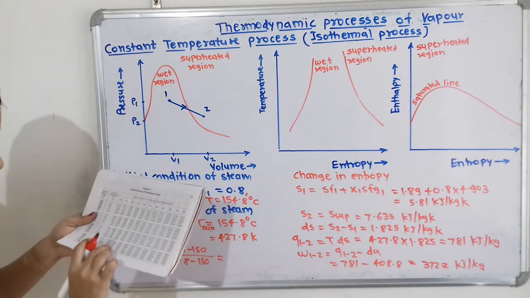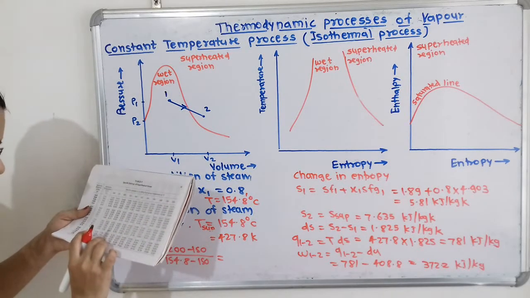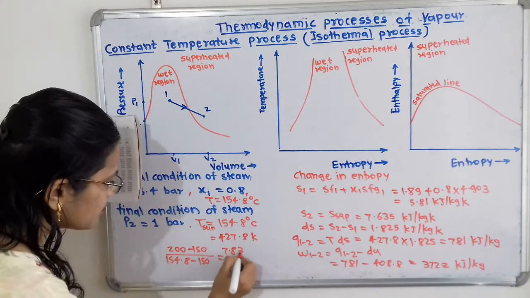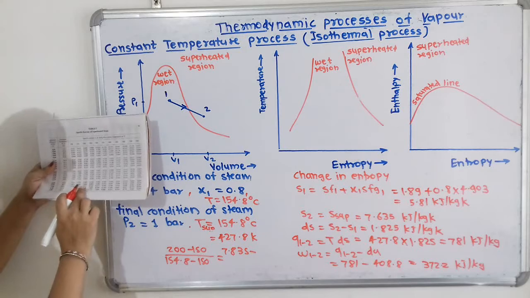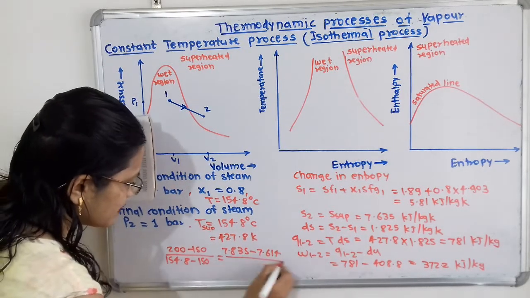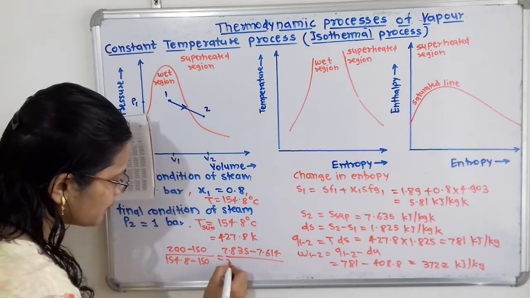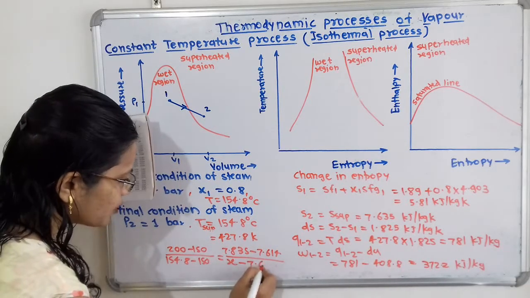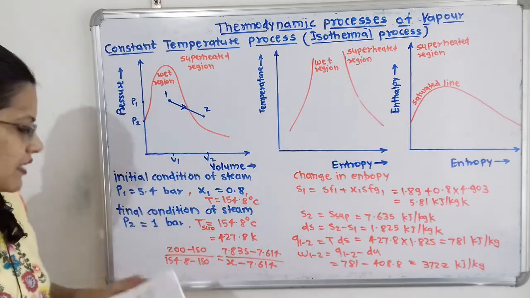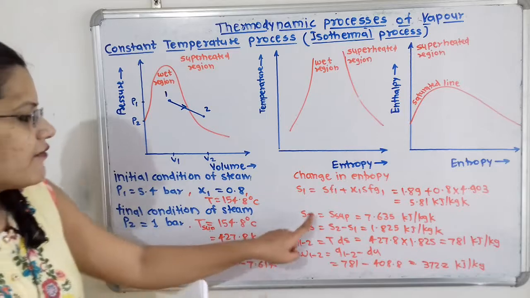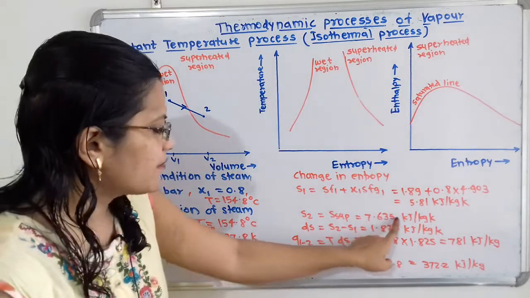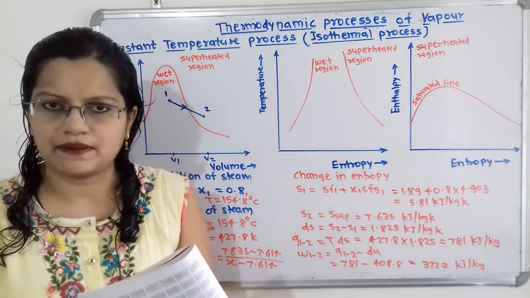At 1 bar, at 200 it is 7.835 minus 7.614, divided by the unknown at 154.8 minus 7.614. When we solve this we will get the value of X, that is nothing but S superheated, and that is equal to 7.635 kilojoule per kilogram Kelvin.